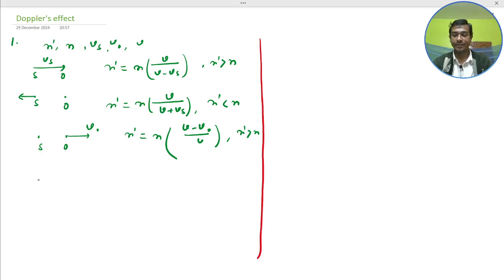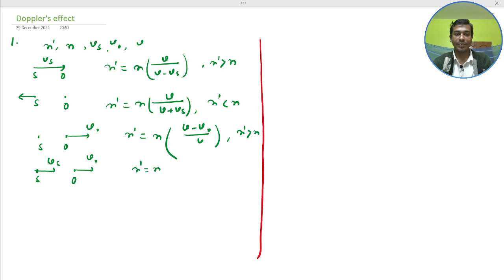Next is the case where both are moving. The source is moving with velocity Vs and the observer with V naught.